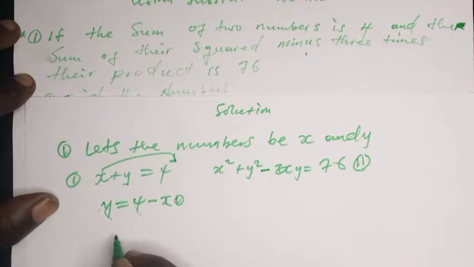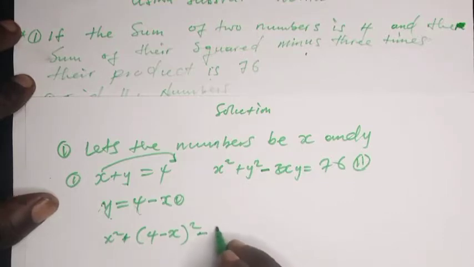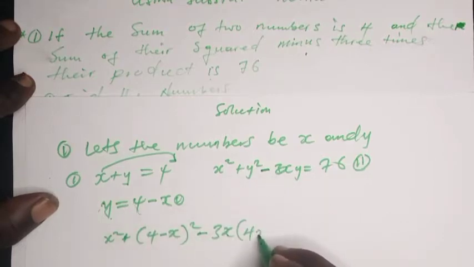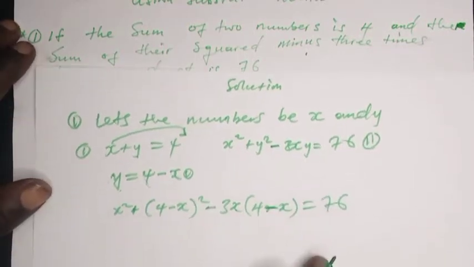Then it will be x squared plus, open bracket, 4 minus x, close squared, minus 3x, open bracket, where there is y, we put 4 minus x, close, equals 76.